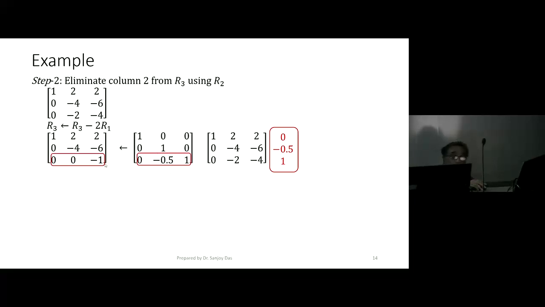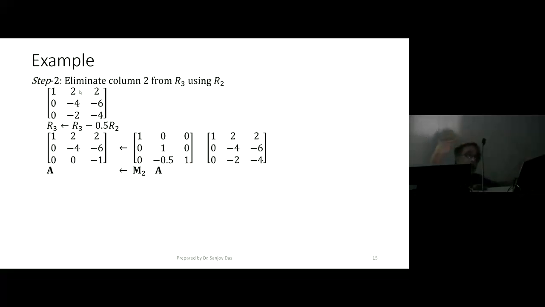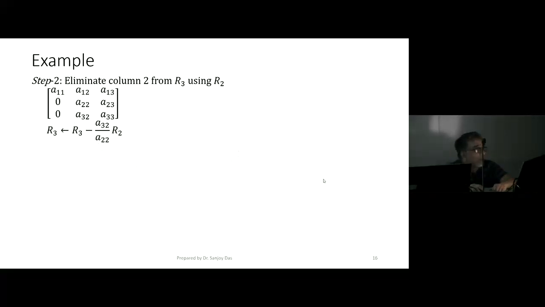And this is an upper triangular matrix. So what I did was, I took my A here. This is after step 1. This is step 2. I took my A, pre-multiplied it with a lower triangular matrix, M2, and I got my desired form of A, which is an upper triangular matrix. Okay, so this is the end of my LU decomposition for this little 3 by 3 matrix.